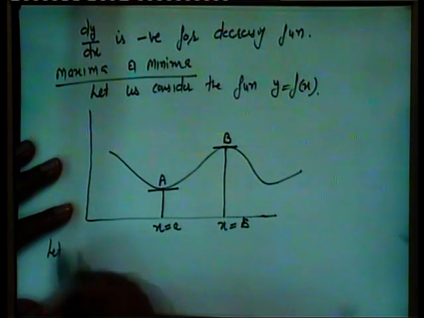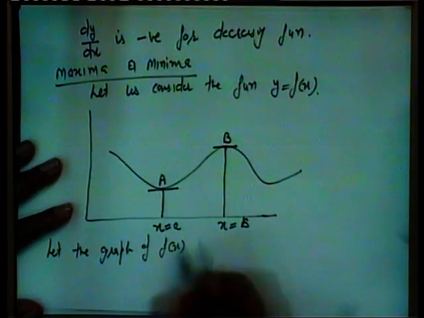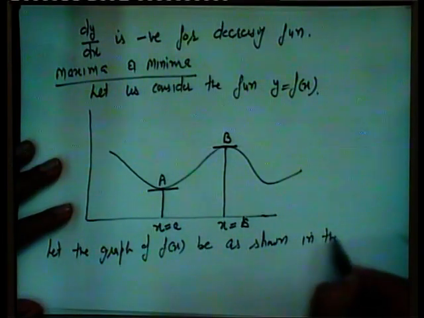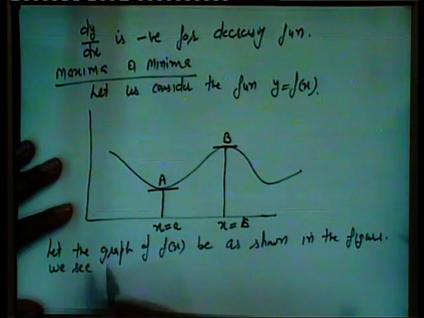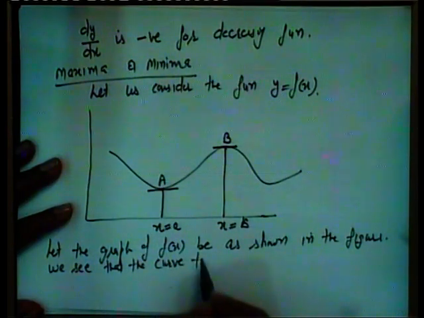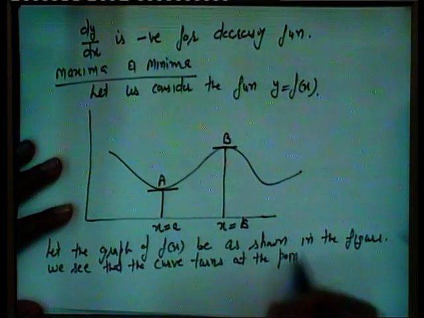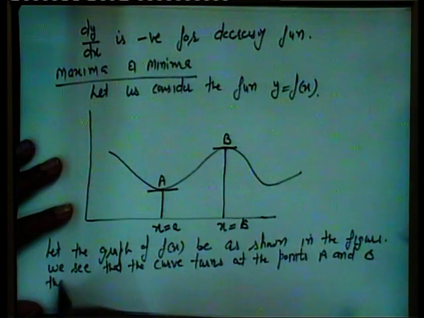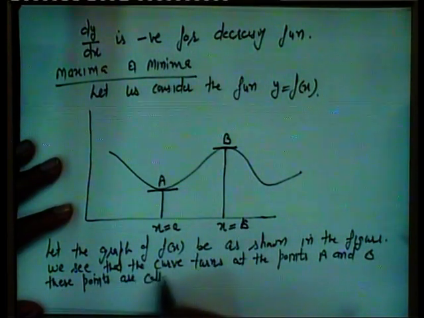Let the graph of f(x) be as shown in the figure. We see that the curve turns at the points A and B. These points are called turning points.